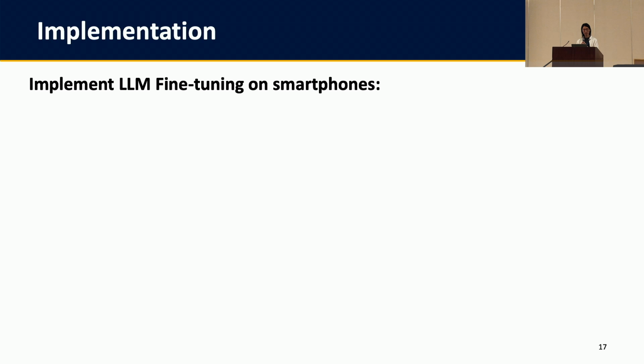And for implementation, a technical issue is that most of the existing frameworks for mobile deep learning don't support fine-tuning LLMs on smartphones. So to implement Expert, we divide the fine-tuning process into two phases.